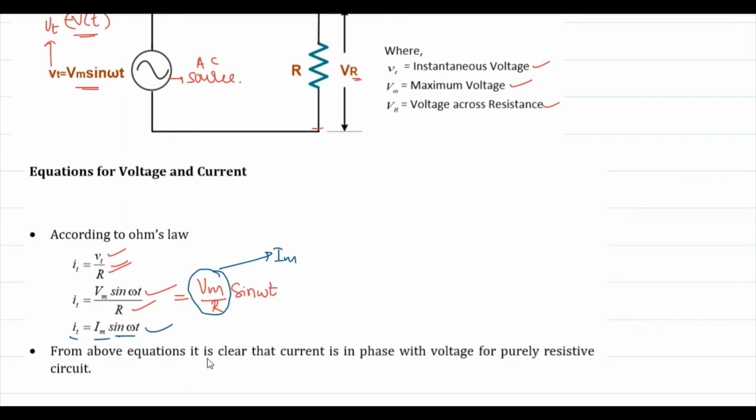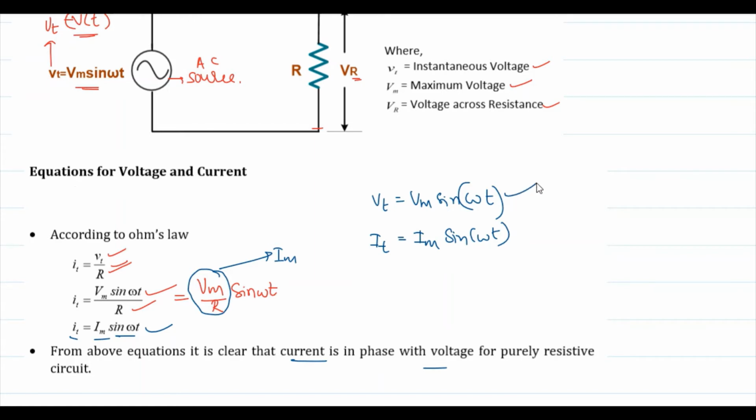From the above equations, it is clear that the current is in phase with the voltage. Compare the instantaneous voltage V(t) equal to Vm sin omega t with the current i(t) equal to Im sin omega t.